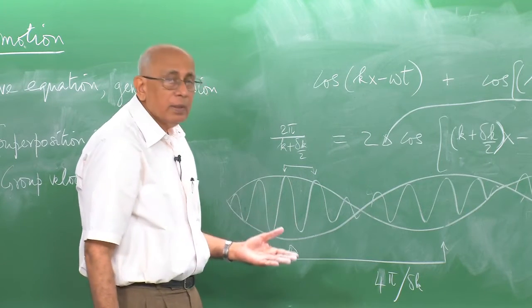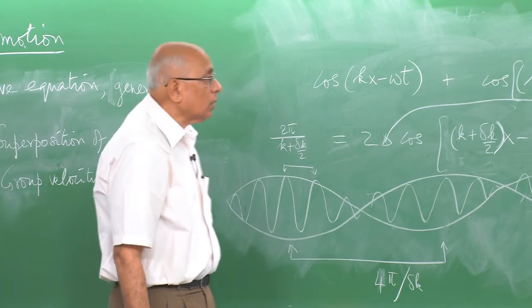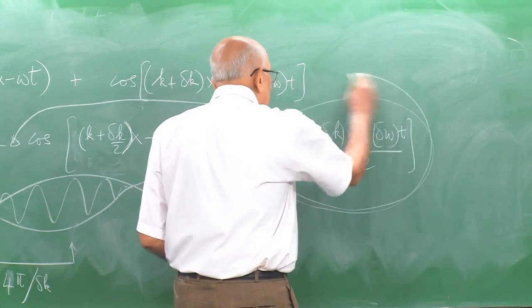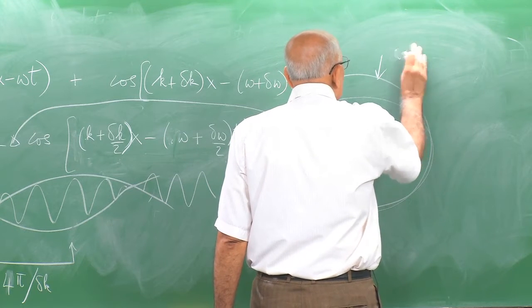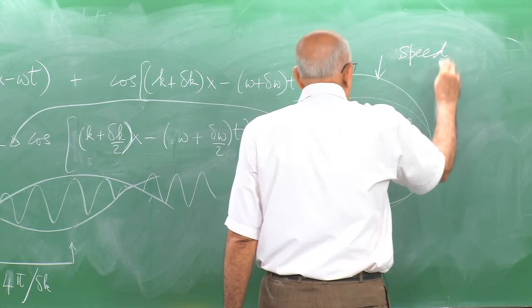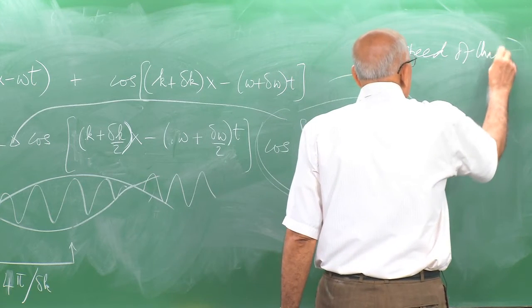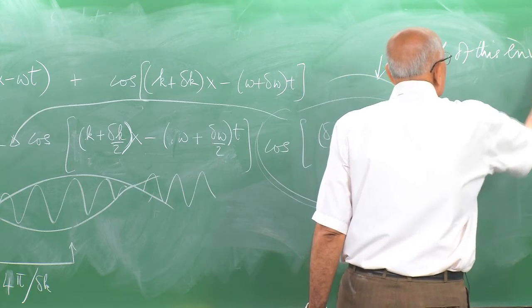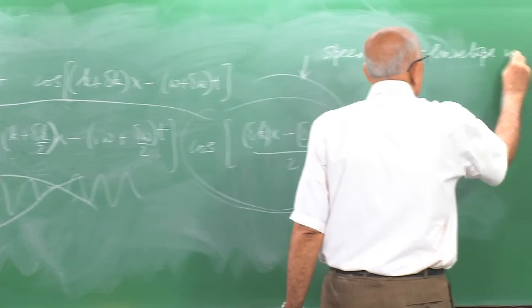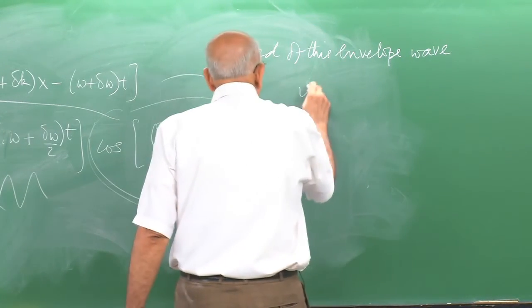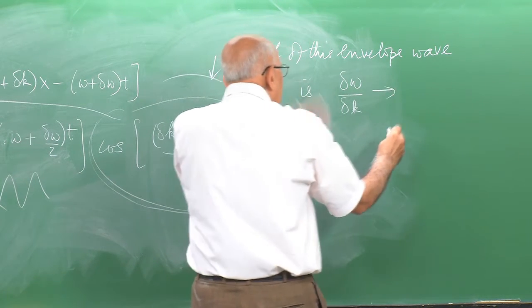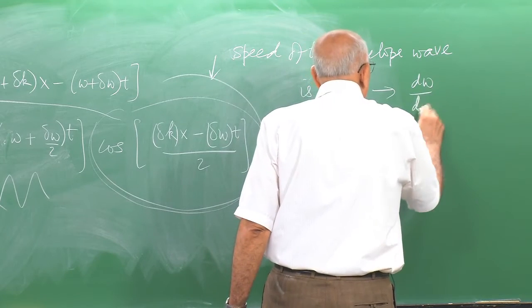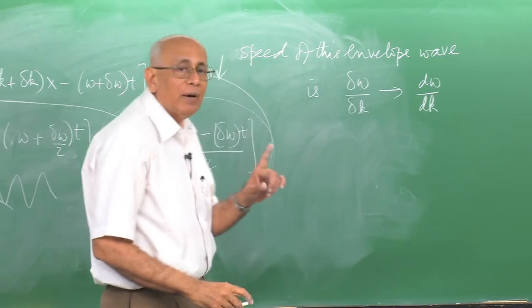At the same time, this is also travelling along, and what is the speed of travel here? It is the speed of this cosine here. So the speed of this envelope wave is delta omega over delta k, or in the limit d omega over dk if omega is a function of k.